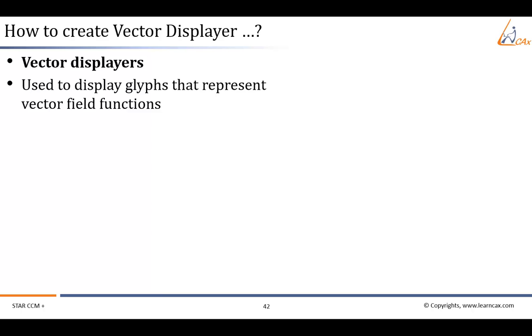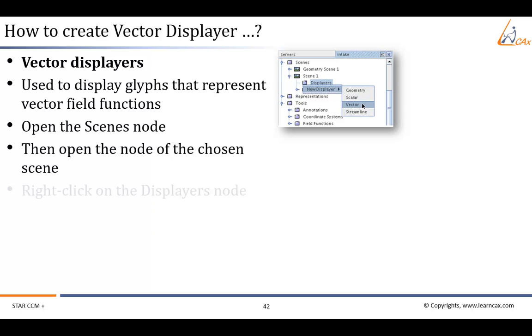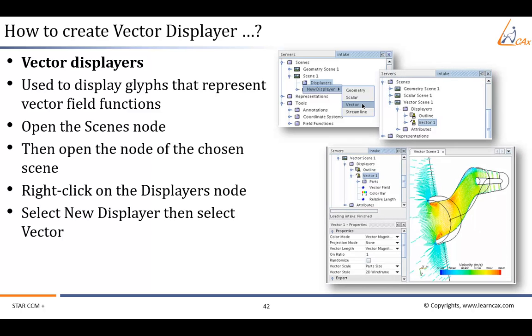For this, open the Scenes node. Then, open the node of the chosen scene. Right-click on the Displayers node and select New Displayer. Then, select Vector. By default, the vector displayer will contain no parts after creation, and we must add parts to the displayer. Also, by default, a vector displayer uses velocity as the vector quantity.